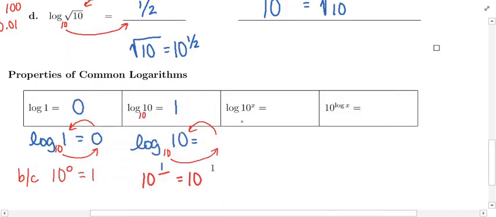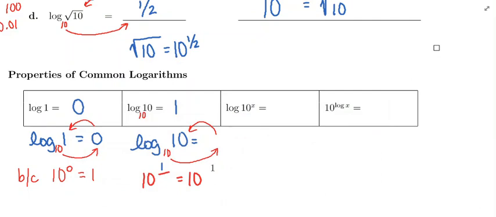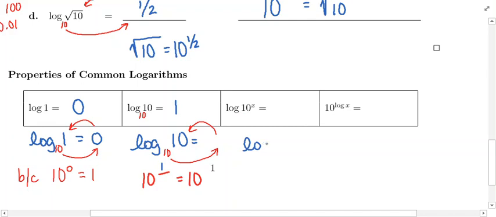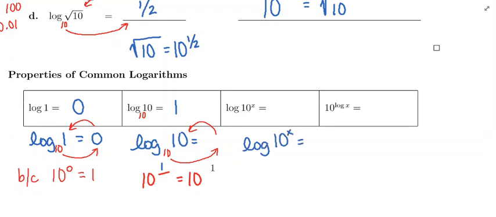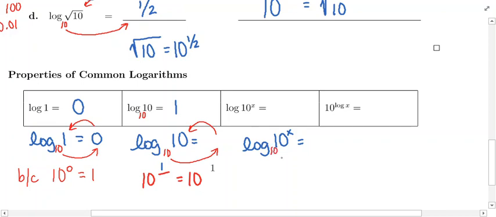All right, moving on. What is the log of 10 to the x? Now we've got a variable involved. That's okay, it's still going to work the same way. We're trying to figure out what this equals. Again, if I take the base, what power do I need to raise it to get this quantity? So 10 to what power is going to give me 10 to the x?